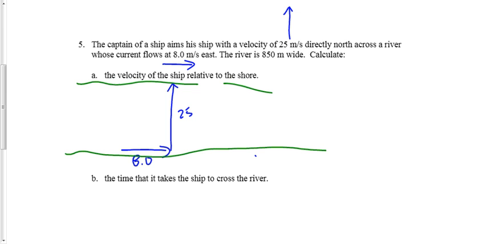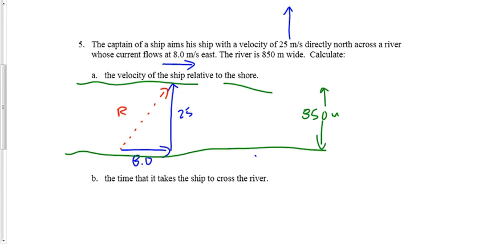There's my river. The river is 850 meters wide. Remember I said that's not forming part of your vector diagram, but I'm going to label it. In my resultant vector, or my dotted line vector, the velocity relative to the shore is going to be drawn from start to finish.